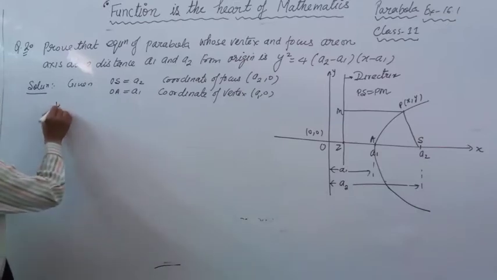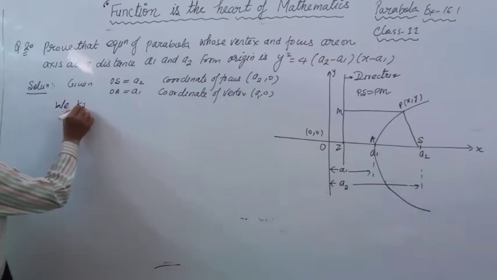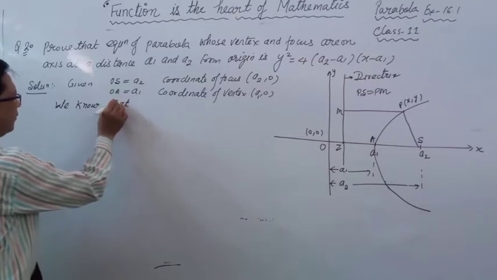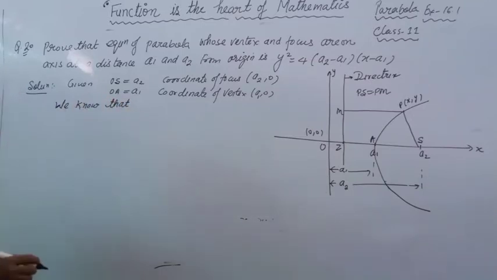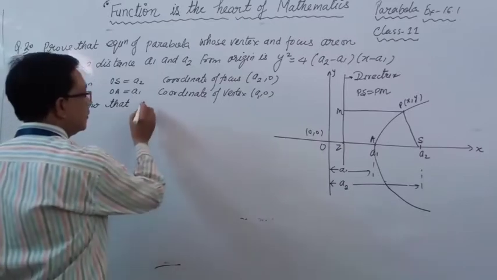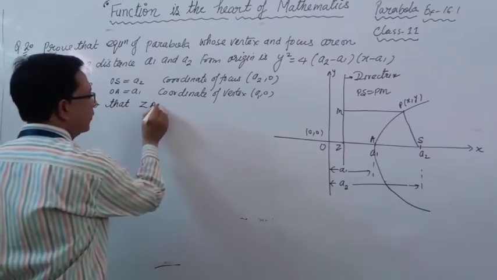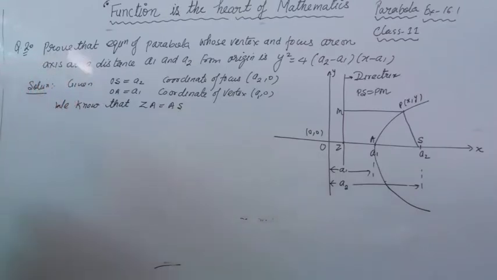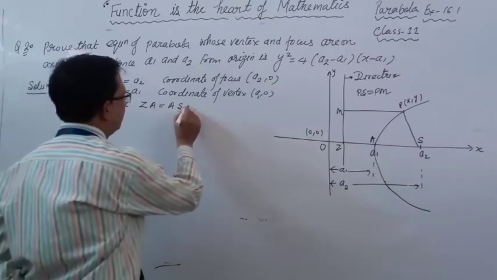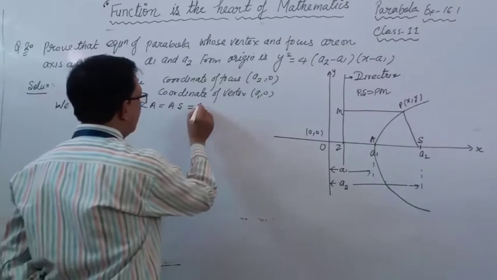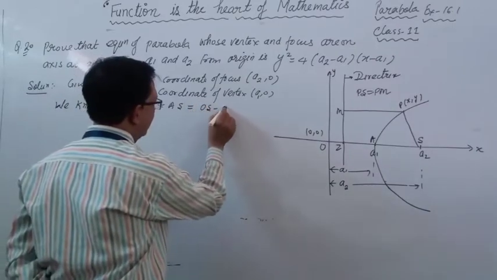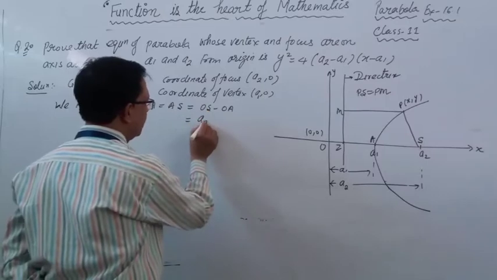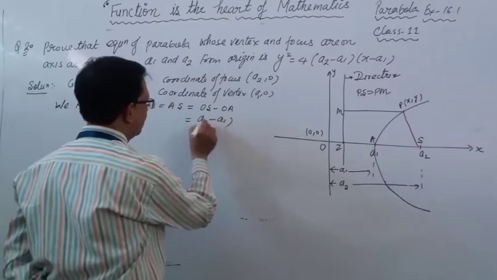And we know that ZA is equal to AS, and the value of AS is OS minus OA, and OS minus OA is a2 minus a1.